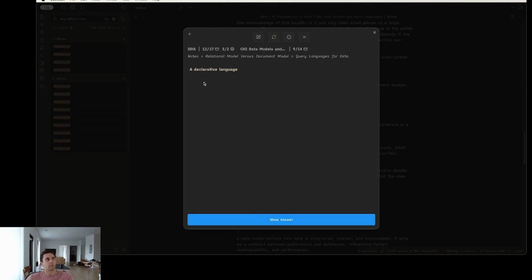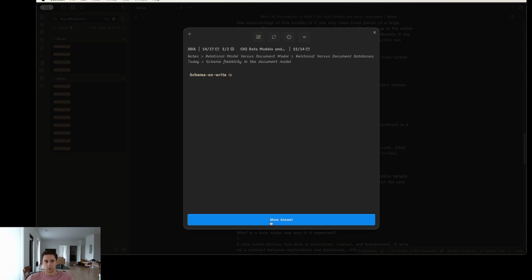A declarative language is like SQL, and it tells you what to get but not how to get it. Okay. Shredding is taking a document and breaking it down into multiple tables.